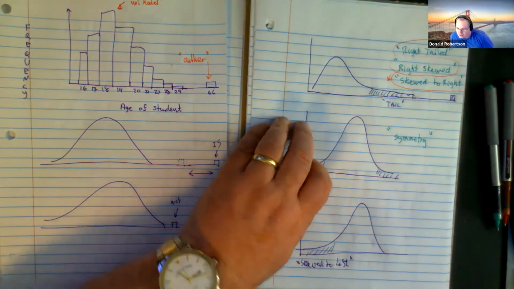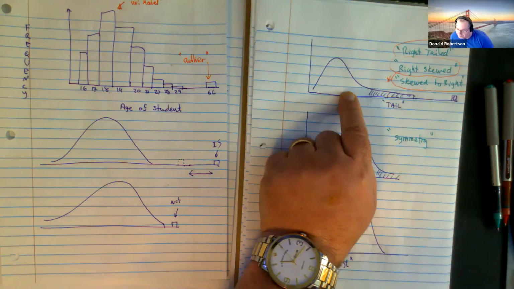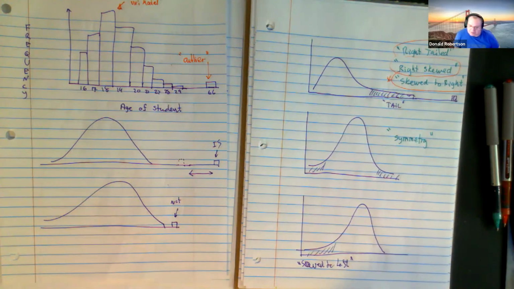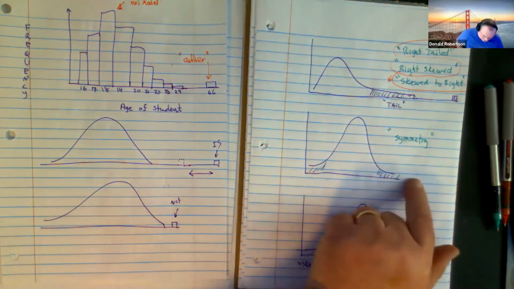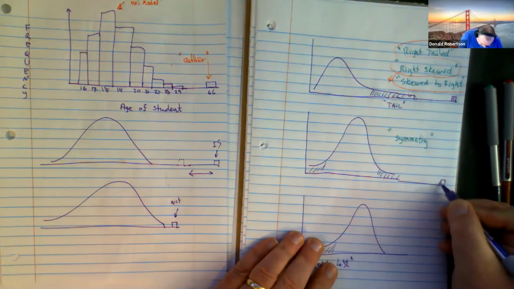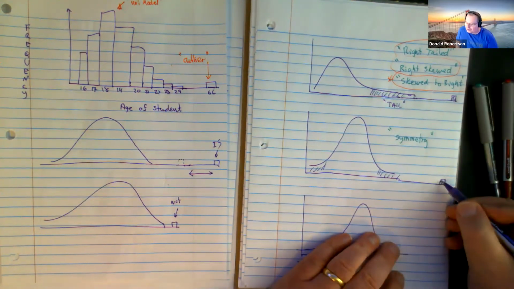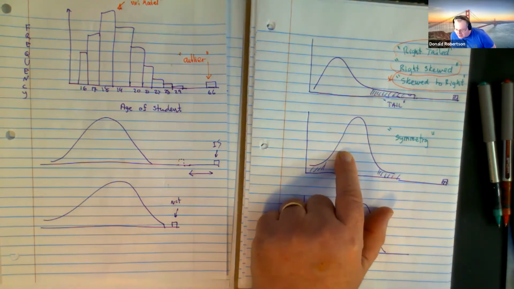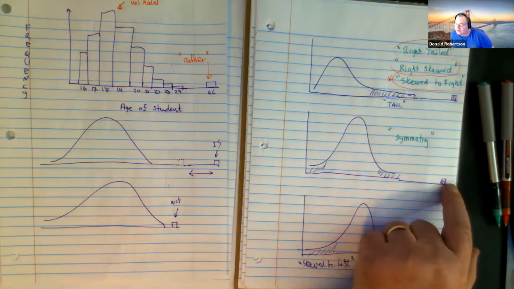I would still describe this as unimodal, skewed to the right with one outlier. And you can have something that's symmetric and it just has an oddity. It's got one outlier. I would still say unimodal, symmetric, and one big outlier.